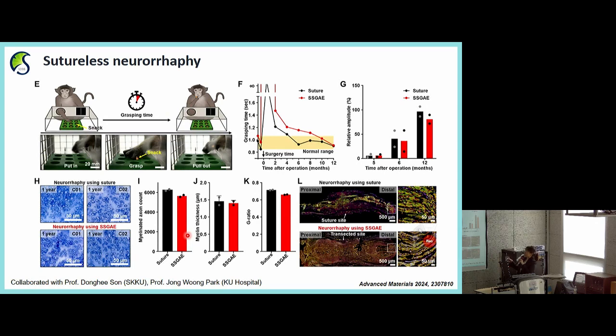So the time for gripping the snacks reaches the normal range at 1 year, and the EMG signal is also recovered to 60% of the initial level at 12 months. And then we also checked the histological analysis comparing the suturing method and the patch method, which all shows similar recovery of the nerve anatomy.